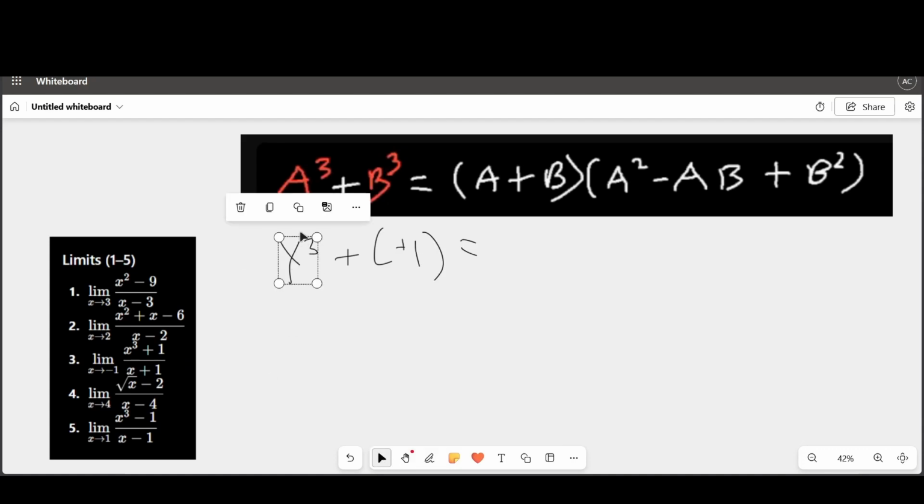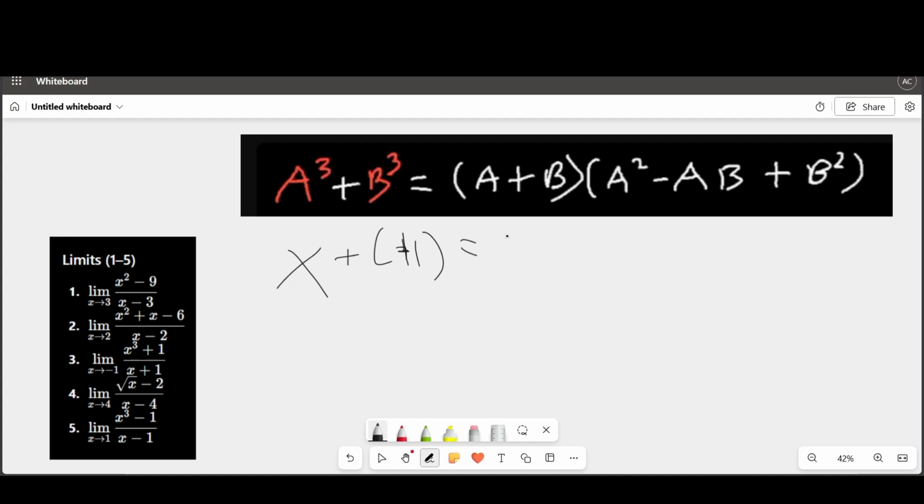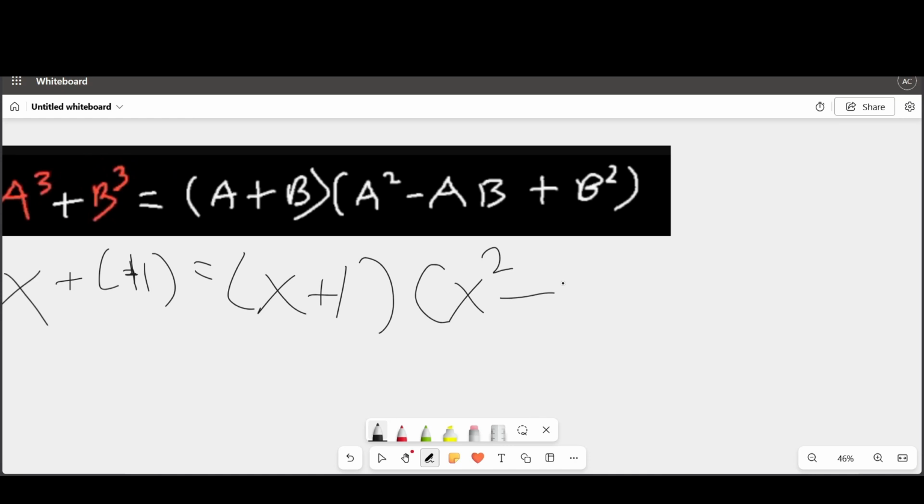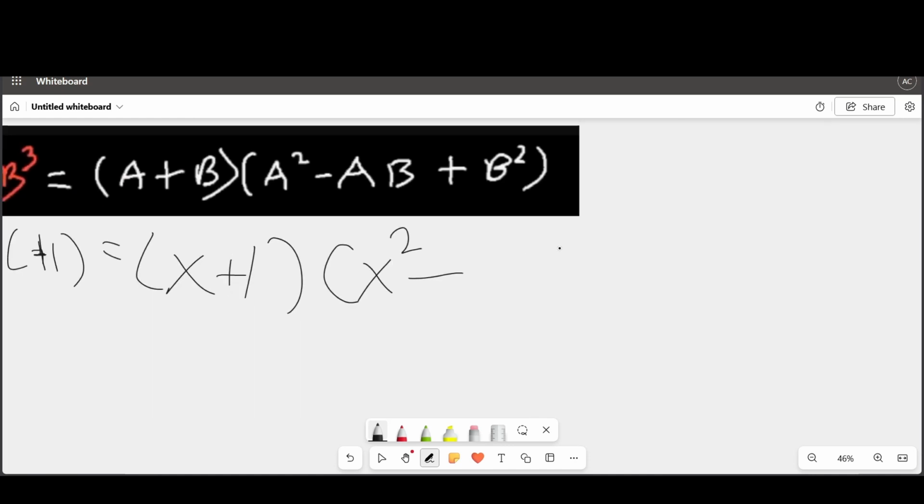I actually forgot. So you're supposed to get the cube root of the x cubed, so we get x, and +1 over here. Okay, so now we have x plus 1, then x squared minus x. X times 1 is just x, okay?